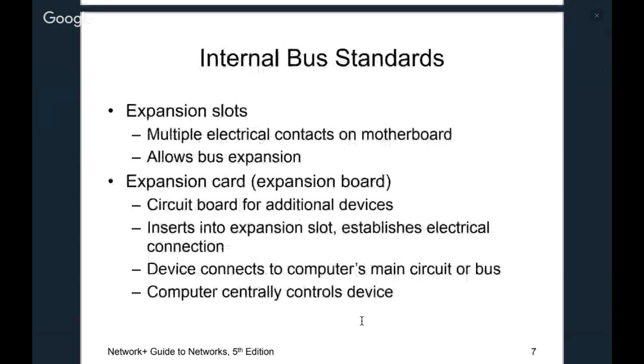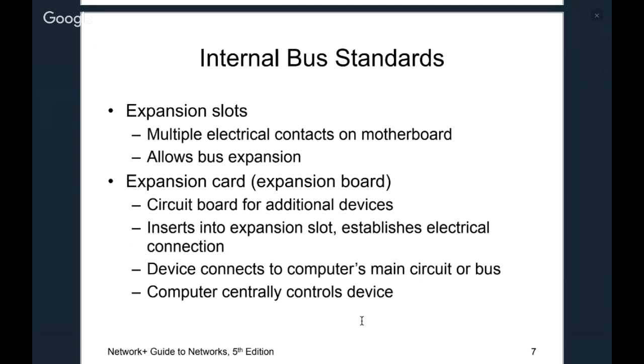Expansion slots. When you bust open these computers tonight, you'll see a number of expansion slots in the computers. Some, again, for NIC cards, some for video cards, some for sound cards, scanners, handheld scanners, picture scanners, you name it, game controllers. And inside of the computer circuit board, there are slots that establish electrical connection for the devices to connect via, which tonight is going to be a NIC card.